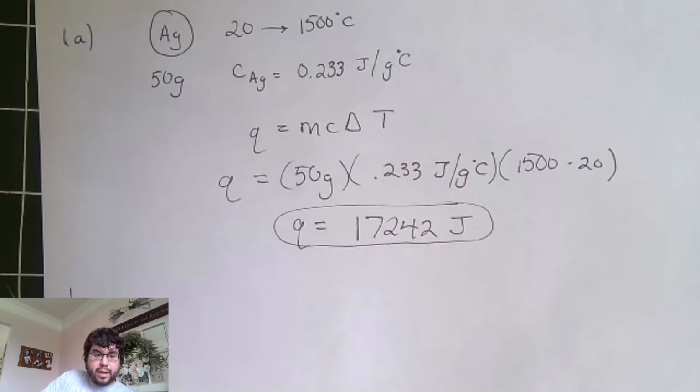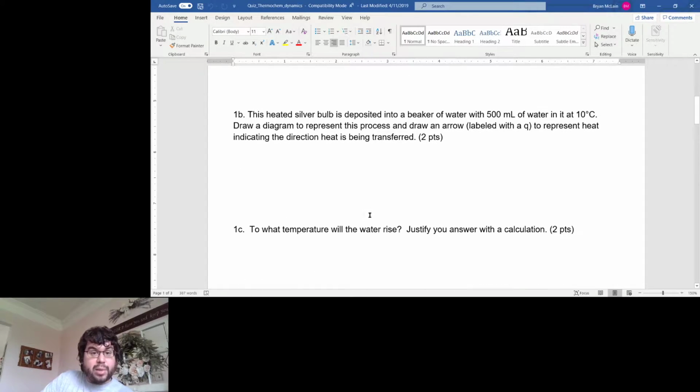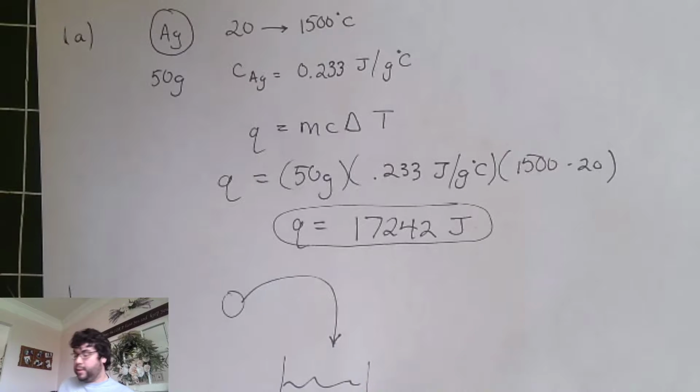Now, part B, I actually took that out of the test simply because it's impossible to draw a diagram. So what's going to be happening here is that the bulb is going to be taken from the oven and then deposited into some water. So it's going to look kind of like this.